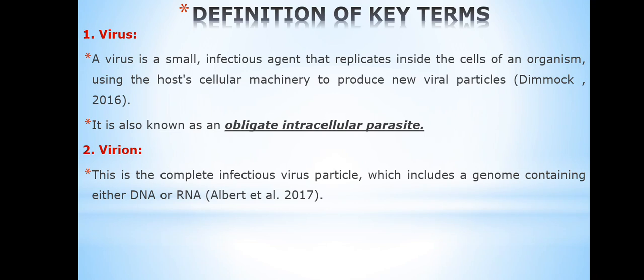So it's a very small infectious agent, meaning it's able to cause an infection, that replicates inside the host. You can see in this definition I'm bringing out high-yield concepts: this virus can only replicate. If we say replicate, it simply means that it can only double in number inside the cell of the host organism, using the host cellular machinery to produce new viral particles.